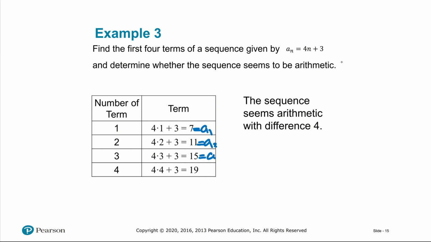This becomes a3, etc., right? a4, that's just the fourth term of the sequence, etc. All right, now notice for the second one, it'll be 4 times 2 plus 3, etc., and on and on. So we can see this does lead to an arithmetic sequence where the common difference is 4, right? To get the common difference of an arithmetic sequence is one of the simplest things there is, because all you have to do is subtract any two consecutive terms and you'll get the common difference.